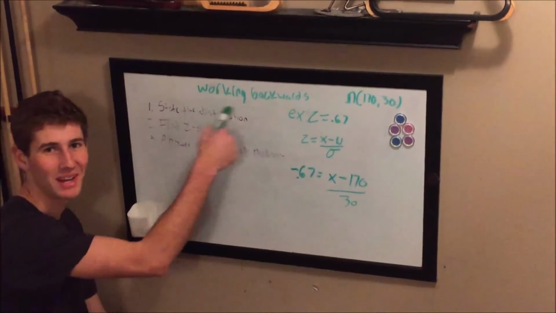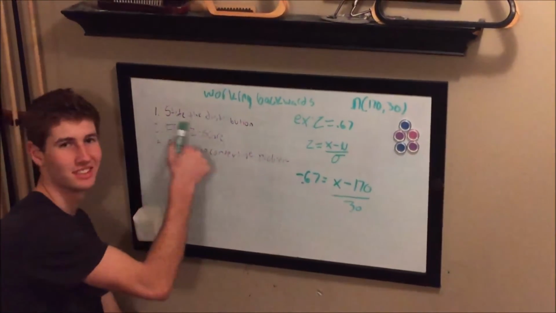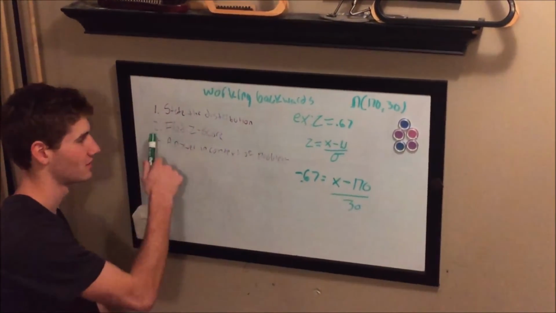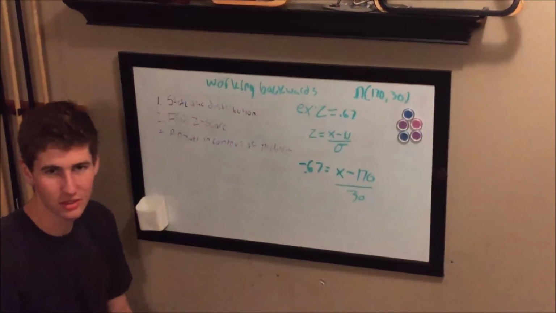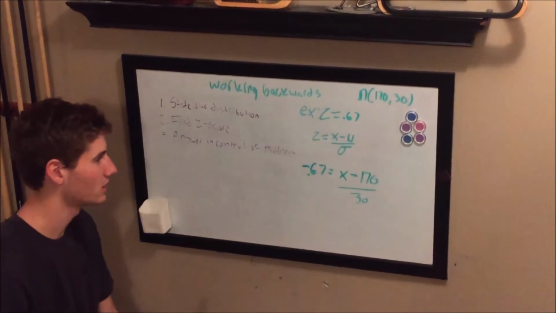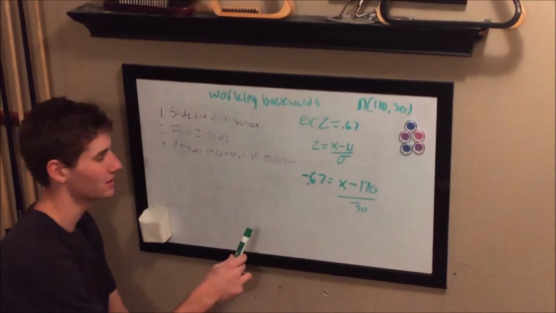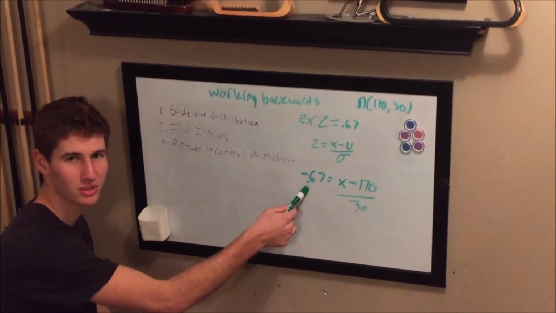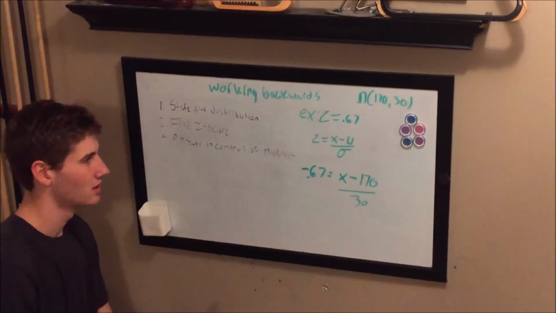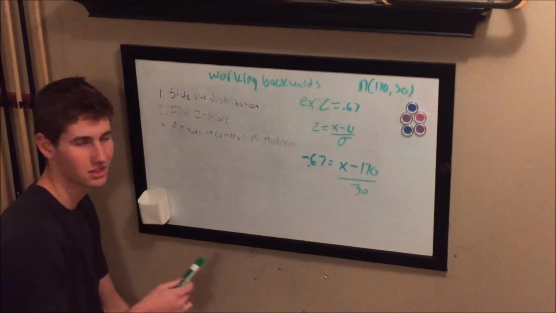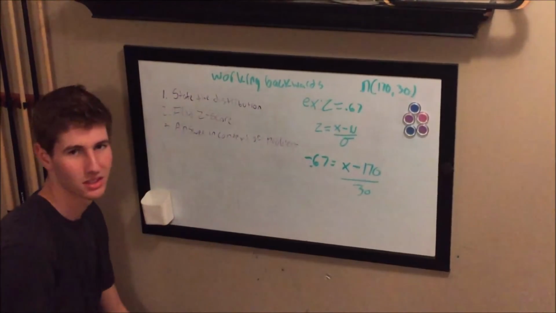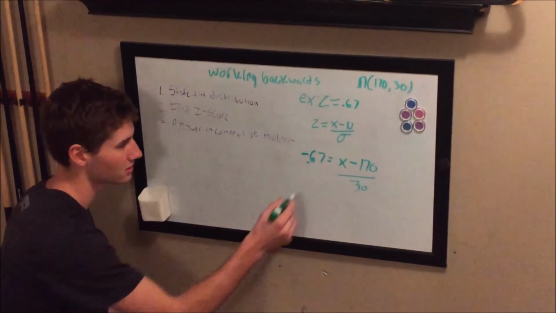Okay, working backwards. State the distribution. Find the z-score. Answer the problem. Okay, this problem has a z-score of negative 0.67 and a mean of 170 with a standard deviation of 30. We're trying to find x.